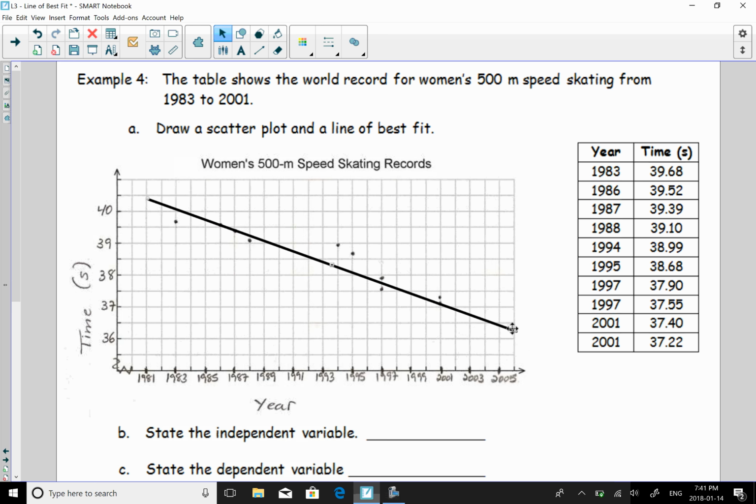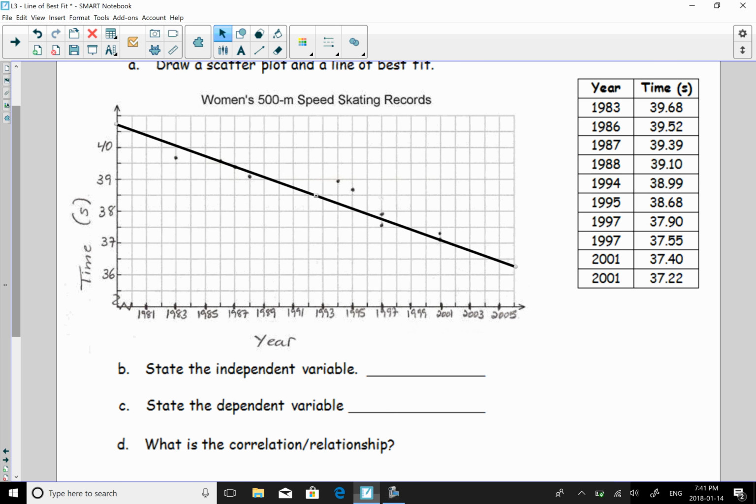So will our lines of best fit all be the exact same? No. There are some analytic ways that we draw these, but that is for a higher level of learning. So the independent variable here, again, is going to be on the bottom axis. So it's the years. And the dependent is time. So you'll notice that as the years go by, so as the years increase, the time is decreasing.